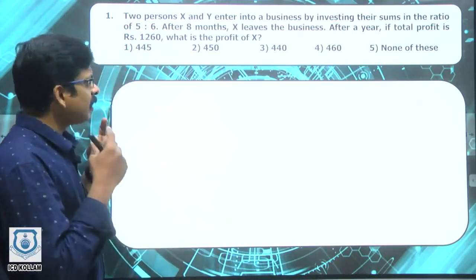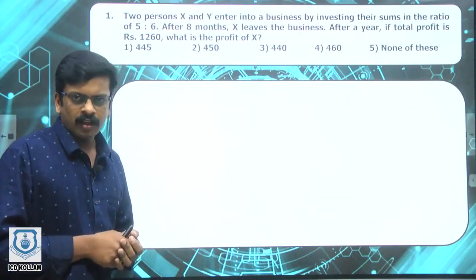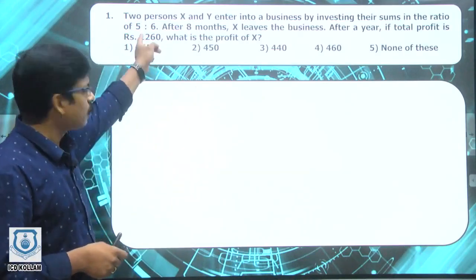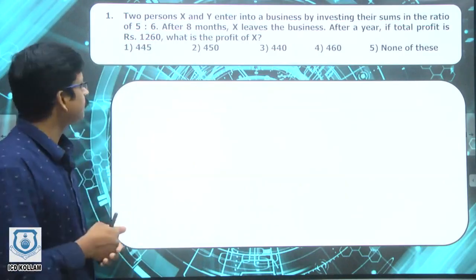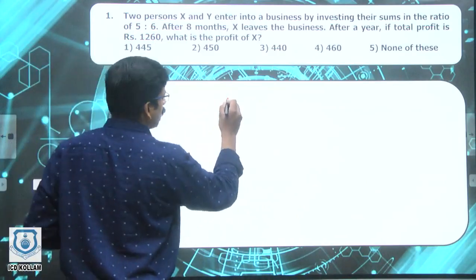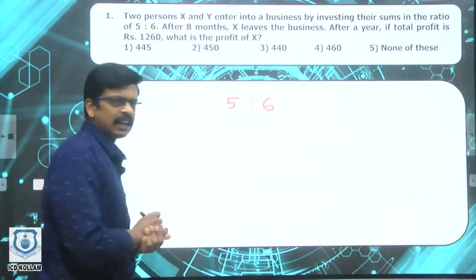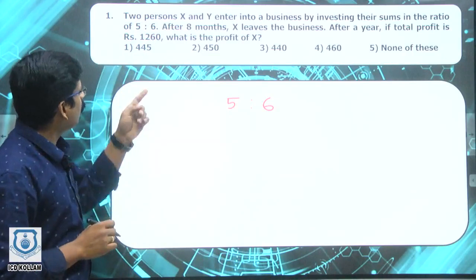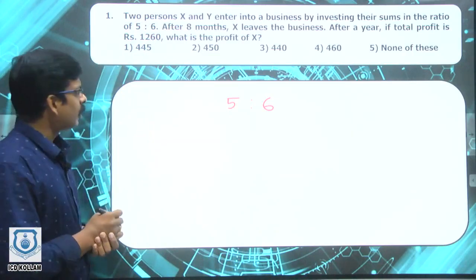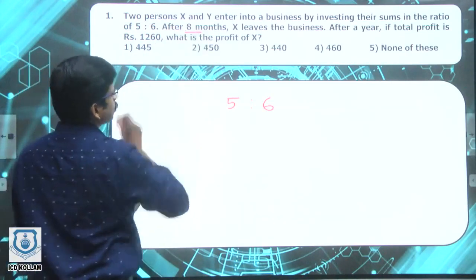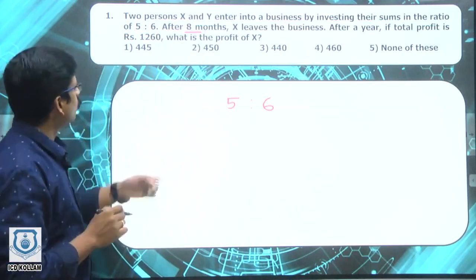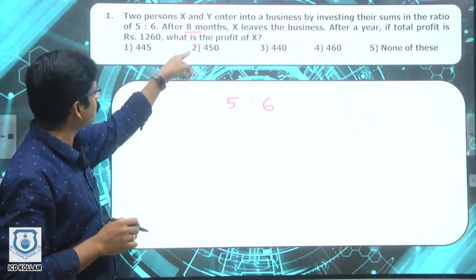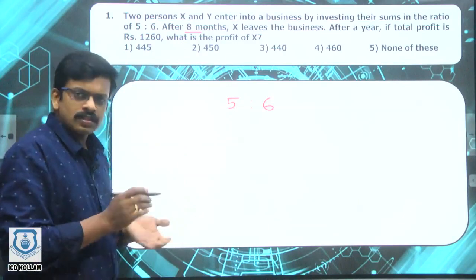So you need to write the investment first. You know the investment ratio is here 5:6. So write that 5:6. This is the investment ratio. Now the time ratio. So the time ratio here is 8 months for X, because after 8 months X leaves.